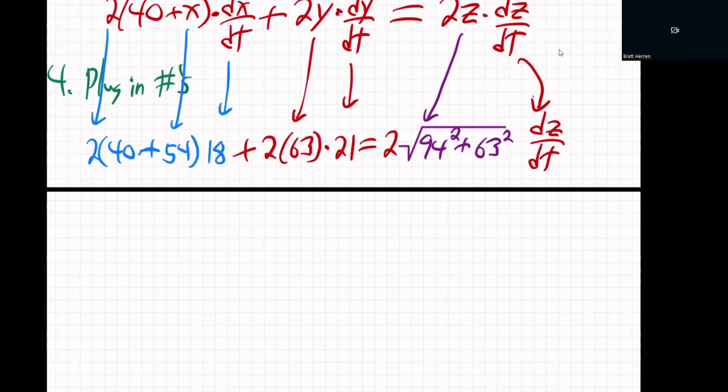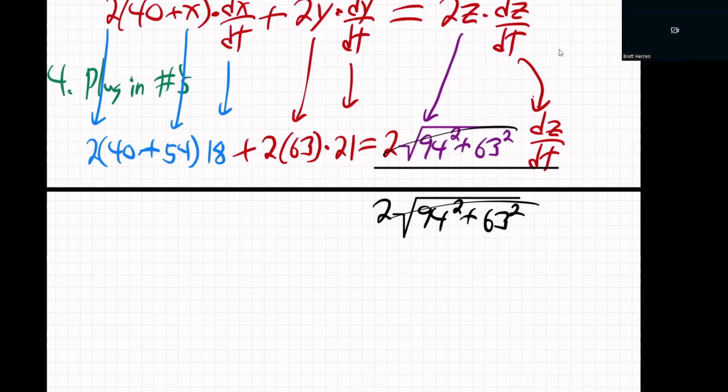So we're going to divide this by 2 times the square root of 94 squared plus 63 squared. Move everything to one side.